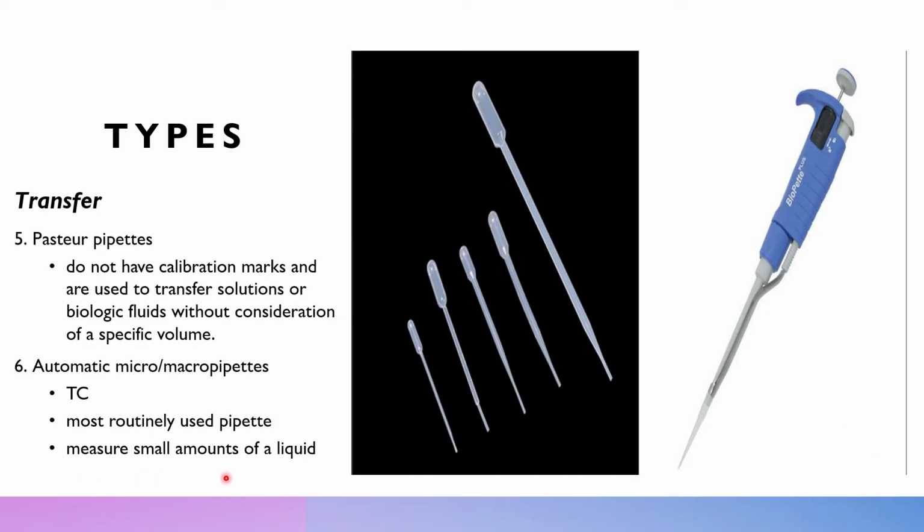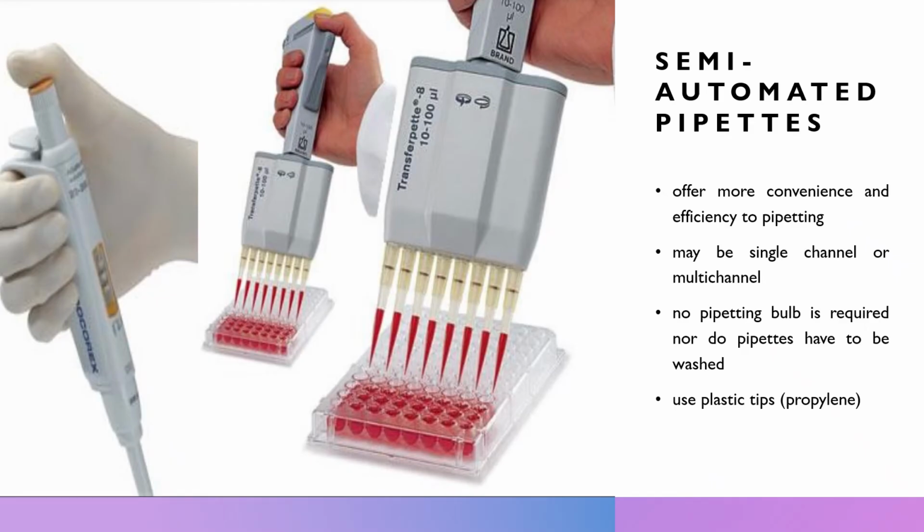They also measure small amounts of liquid. Usually, they can dispense from 0.1 microliter up to 1,000 microliters. The automatic pipette is the most routinely used pipette in today's clinical chemistry laboratory.